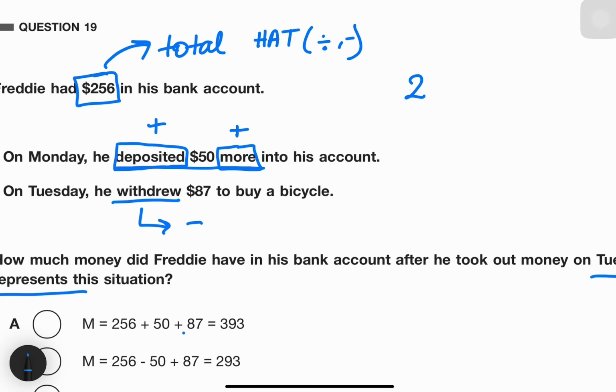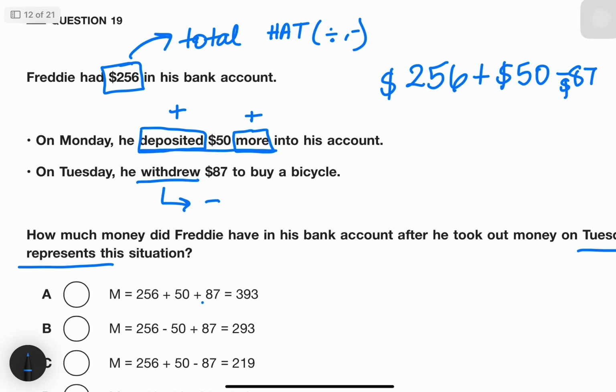You already know that you're going to start out with $256. You're going to add $50 more to your account, and then you're going to take away the $87 that is in your account. So which equation represents what you just heard?